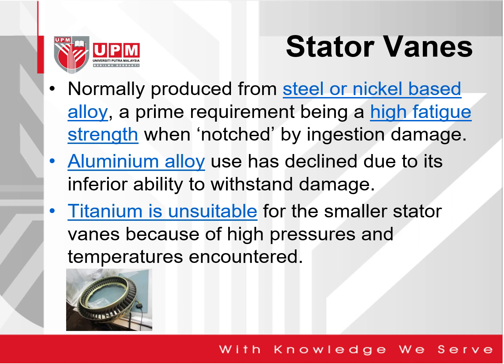Aluminium alloy use has declined due to its inferior ability to withstand damage. In the early designs of engines, they normally used aluminium alloy, but not anymore. Titanium is unsuitable for the smaller stator vanes because of the high pressures and temperatures encountered.